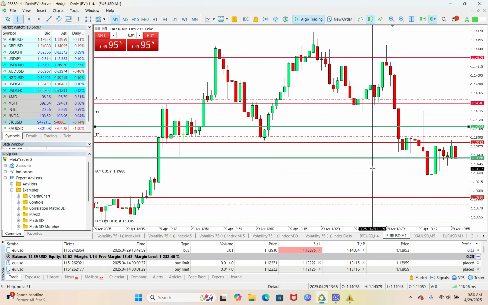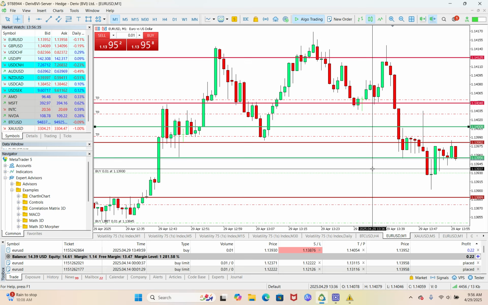Sellers rejected to the downside. Buyers are resisting now. Sellers make a push to the downside. Buyers are now resisting. Sellers are making a move to the downside.